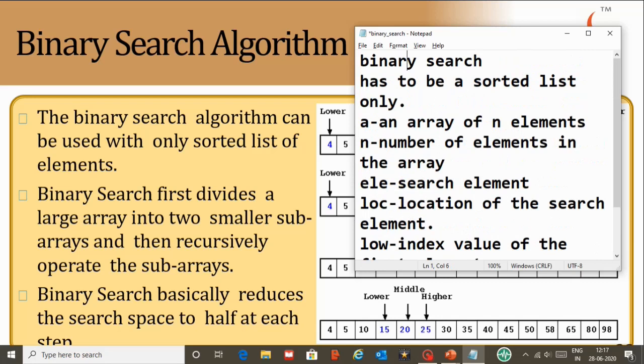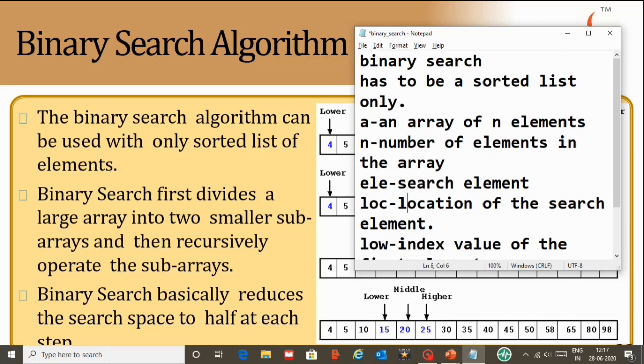See here, to perform binary search, the array has to be sorted only. That is, the elements of the array have to be arranged in either ascending order or descending order. In all my examples, I would be taking it in ascending order. So what is A here? A is an array of n elements where n is the number of elements in the array. ELE is the search element, that is the element for which I am searching in the array A, whether it is present or not.